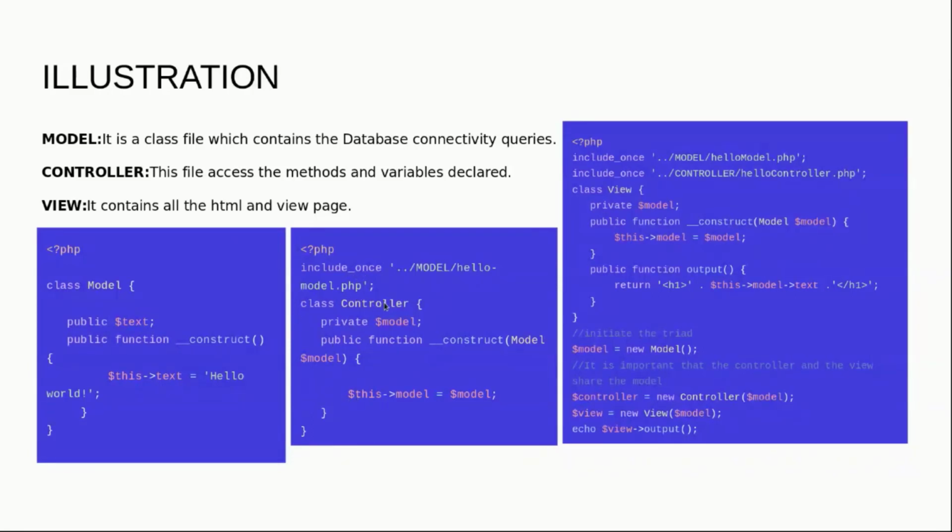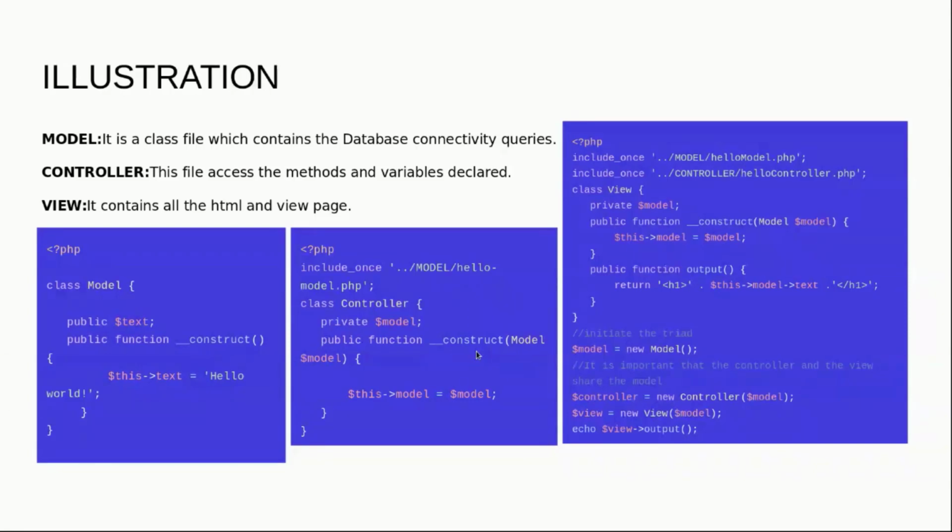Now you have the next one, which is the controller. If you see what is happening, we are starting our constructor here, which is calling the model. It is instantiating the model, so that when we go to our view and we call the controller, we know that our controller has the model.